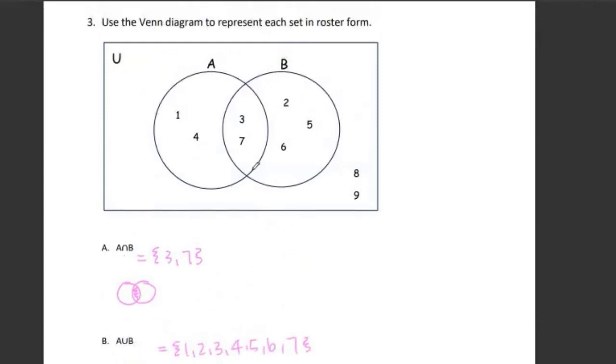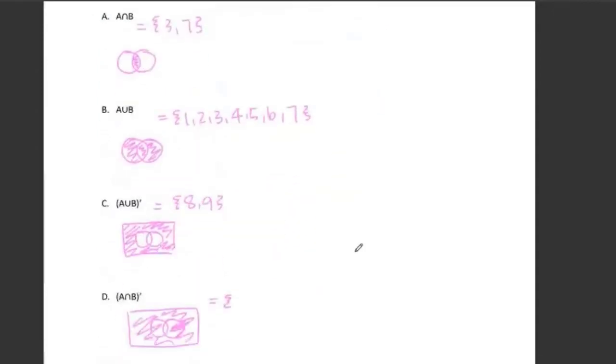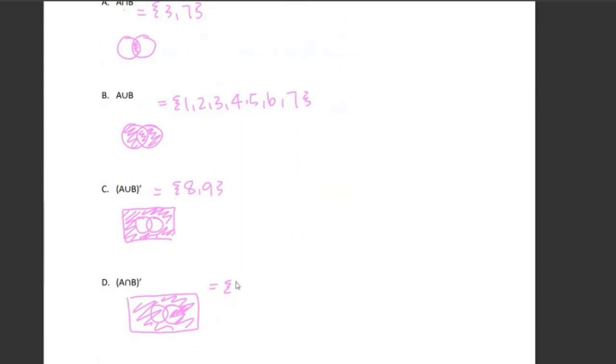So it would be 1, 4, 2, 5, 6, 8, and 9. So everything except 3 and 7. So 1, 2, 4, 5, 6, 8, and 9.